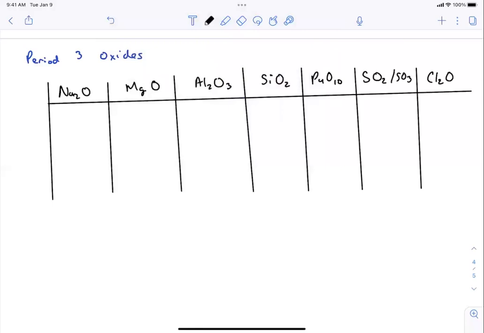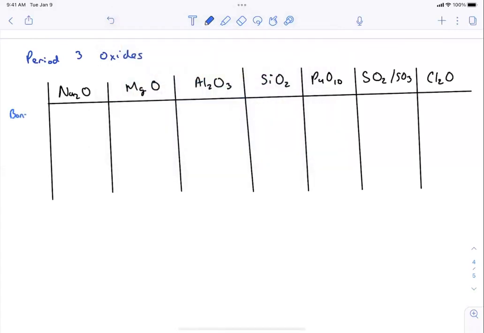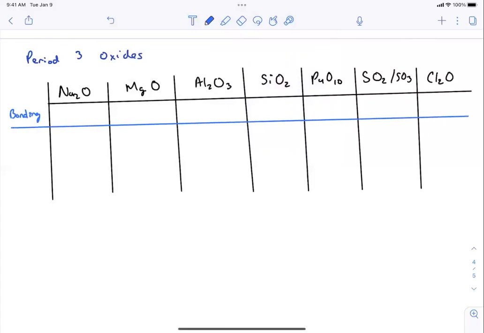Understanding how the metallic behavior and non-metallic behavior affect how these things behave. The first thing we're going to do is bonding. When a metal bonds with an oxygen, what type of bonding occurs? Ionic, yes.